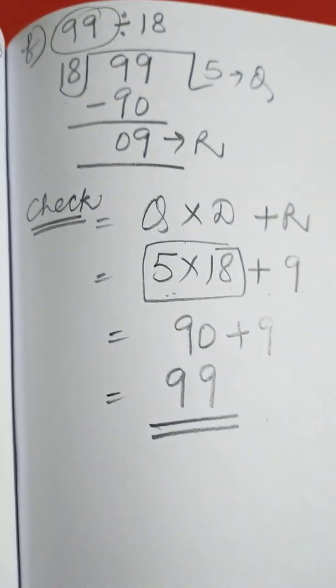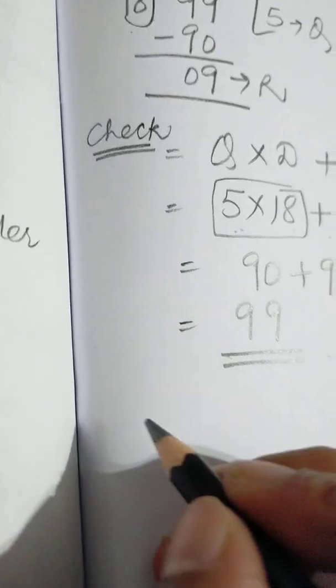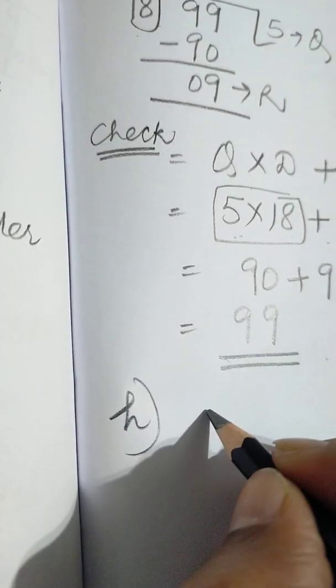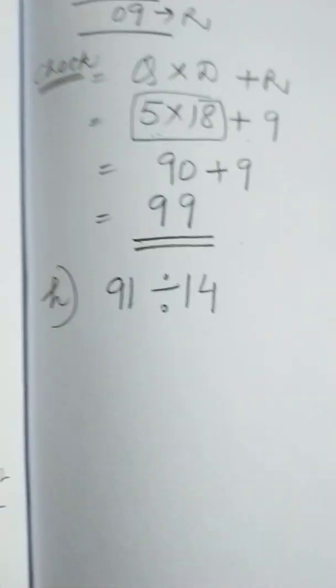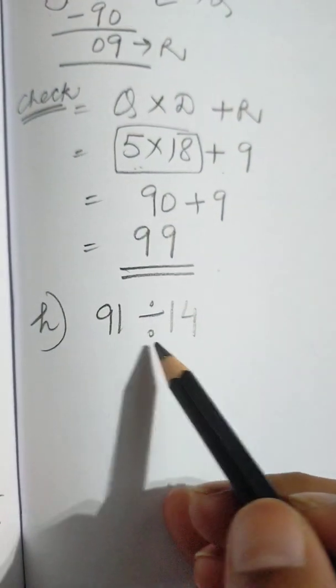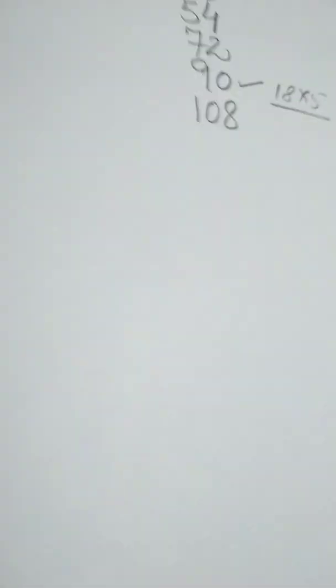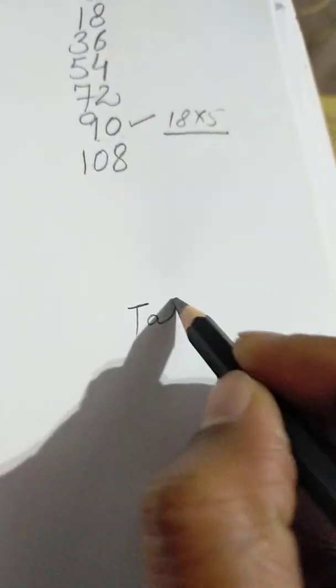Now we will move to sum number H, that is 91 divided by 14. For this we will write the multiplication table of 14. Table of 14.